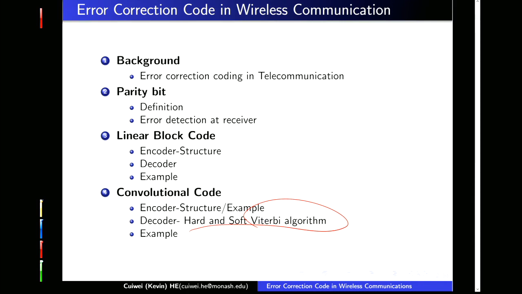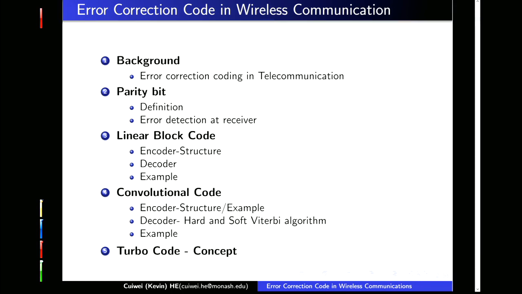I'm sure after this part, you will have a better understanding of the Viterbi algorithm. The last topic I'm going to cover is the turbo code. The turbo code is a very popular coding method. It's used in the current LTE standard. The idea of turbo code is pretty straightforward.